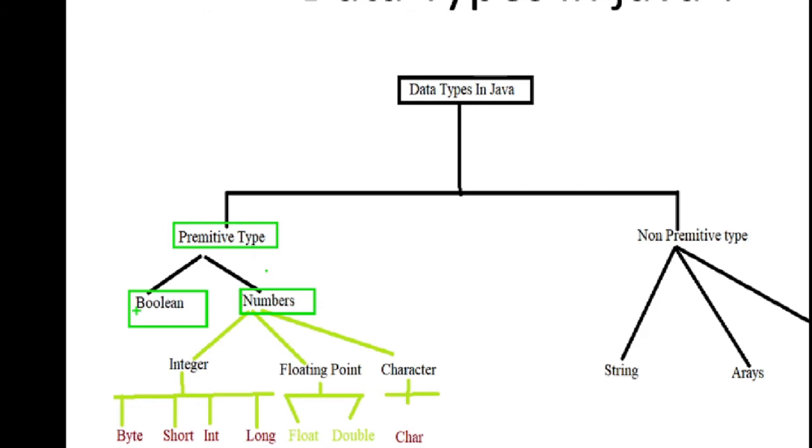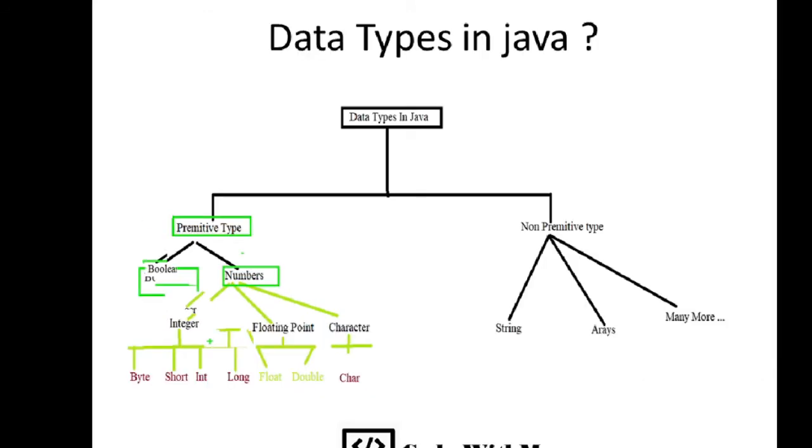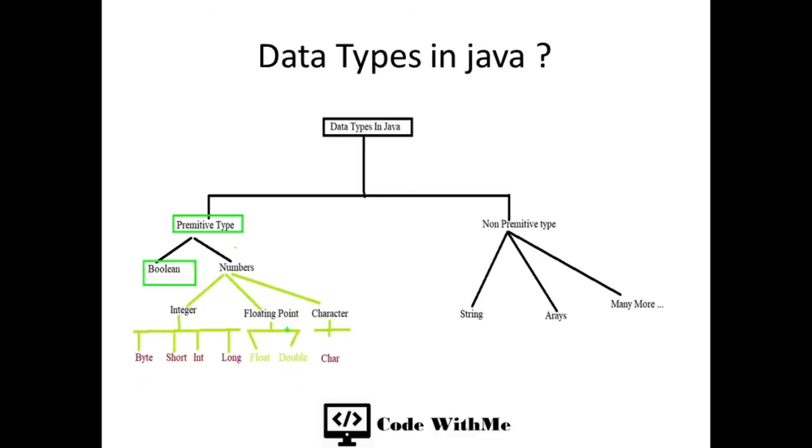And the numbers type has multiple data types like integer, floating point and character. Integer has four types: byte, short, int and long.